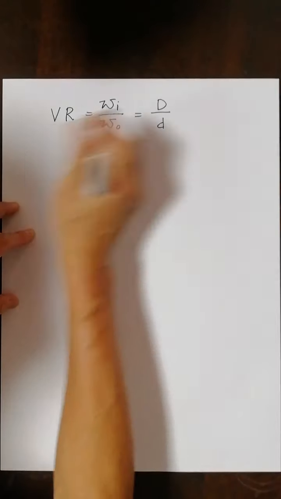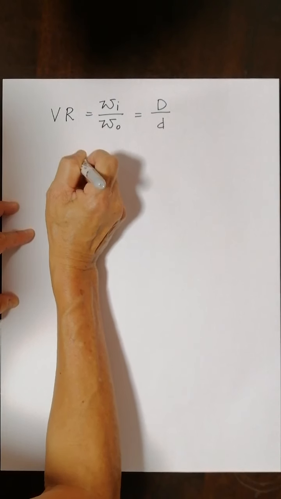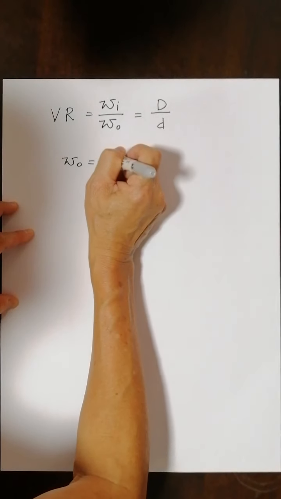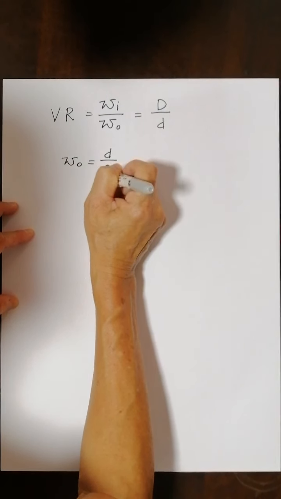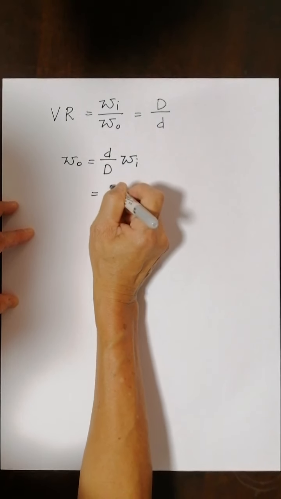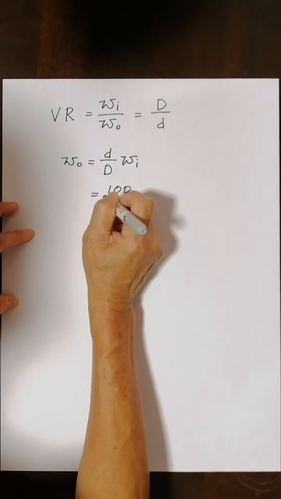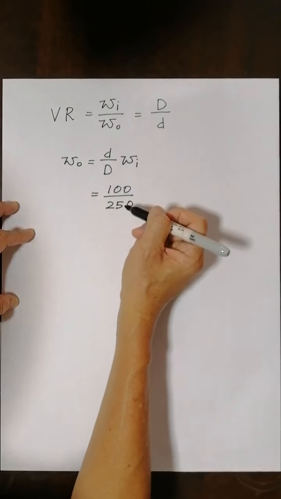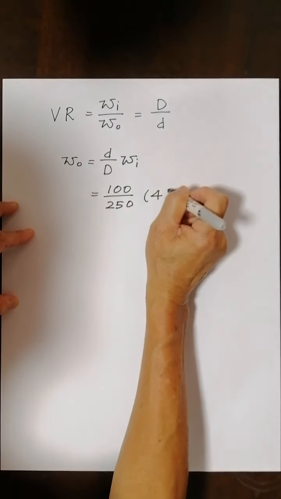So let me just manipulate this and say omega naught will be small d over big D times the omega i, and I got 100 over 250, and the speed given was 450.